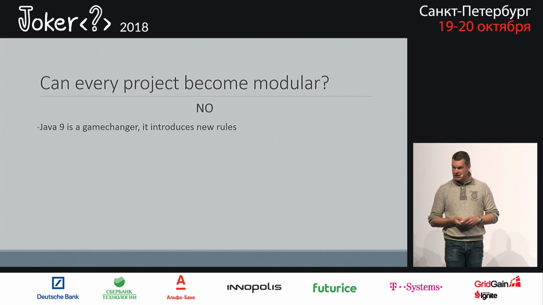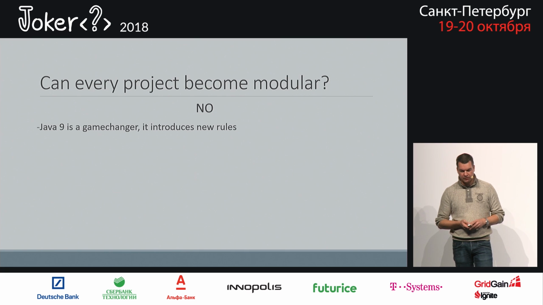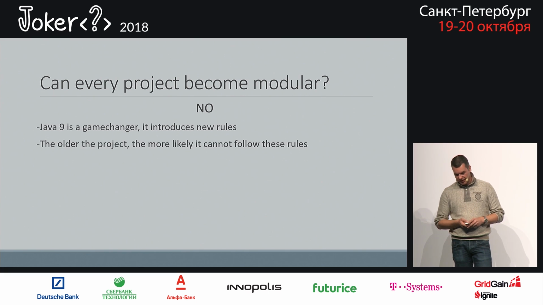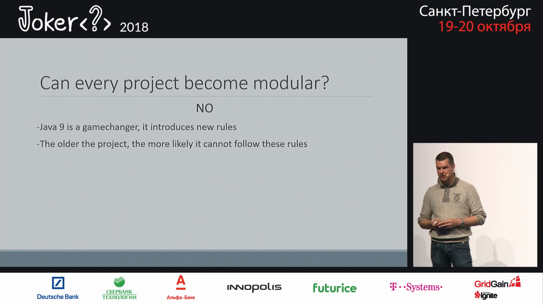So Java 9 is really a game changer. There are suddenly new rules, like I said about the split package issue. Those things weren't there before, so why should you bother about it? All the projects probably cannot follow these rules, so that would imply that you have a lot of refactoring to do, and that's not always possible.